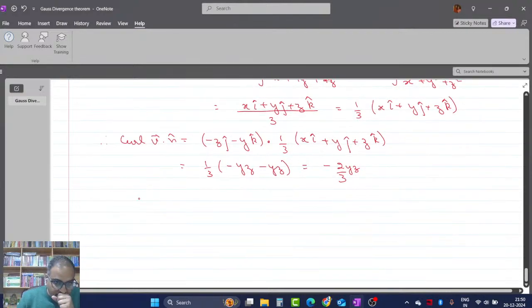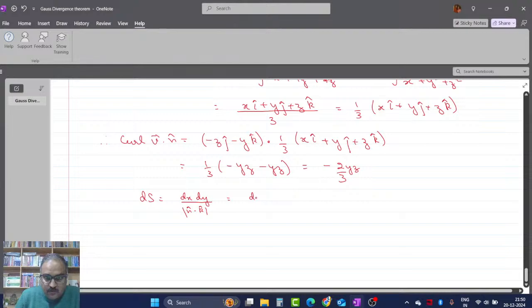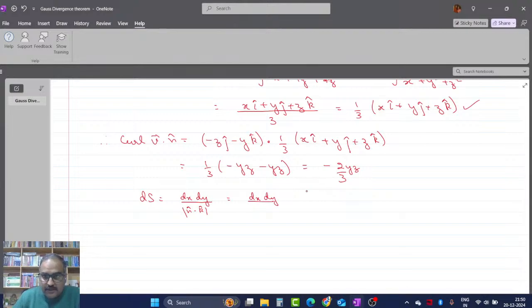Now ds. So whenever we are taking a vector which is perpendicular to one of the axes, so basically its value will be dx dy over magnitude of n cap dot k cap. So dx dy over n cap dot k cap, ये वैल्यू थी n cap की.